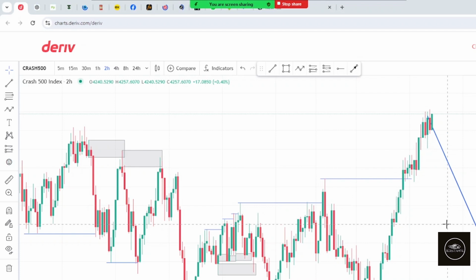But remember, the main trade is buys. That's uptrend. Any sell you take must be a scalp. You guys know what scalping is. That's a short trade. But the trend is the main ride.